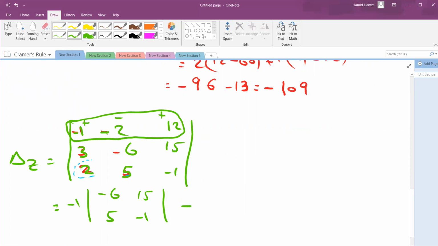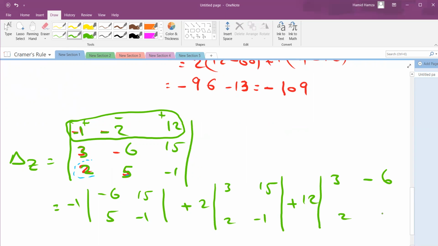Minus, and minus 2, it will be plus 2 multiplied by, eliminate row and column, the remaining 3, 15, 2, and negative 1. The last one is positive 12 multiplied by, eliminate this row and this column, the remaining will be 3, negative 6, 2, and 5.